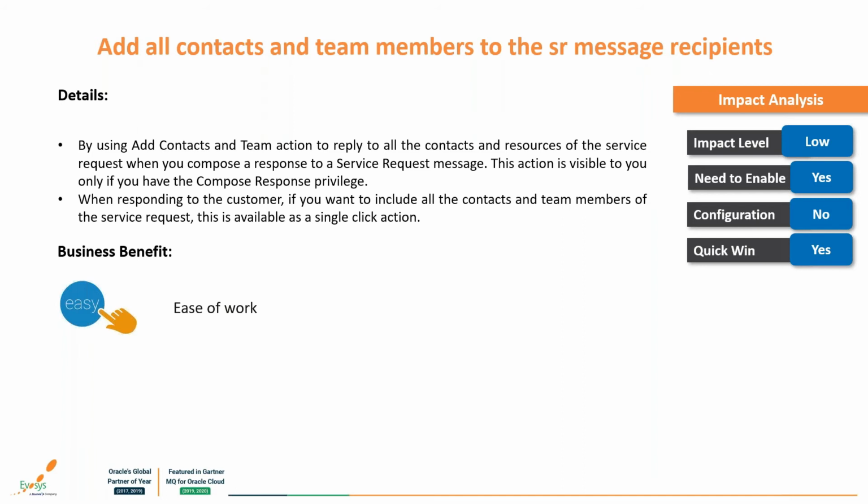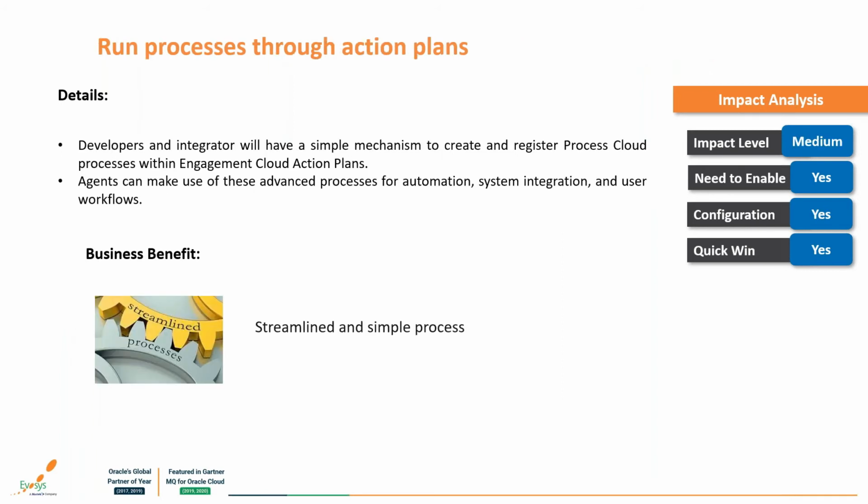So we'll go to the next feature, which is related to HR help desk as well, which is run processes through action plans. Developers and integrators will have a simple mechanism to create and register process cloud processes within engagement cloud app action plans.